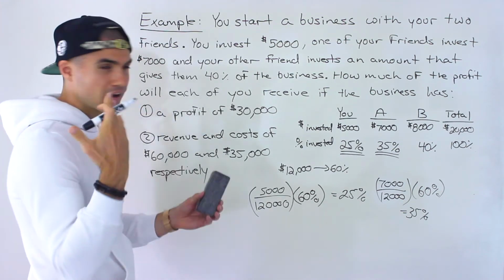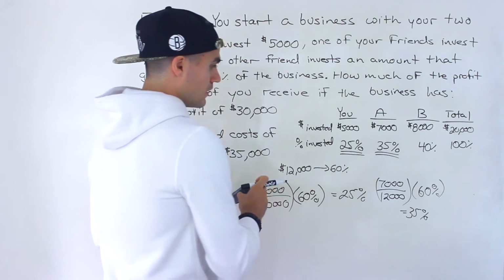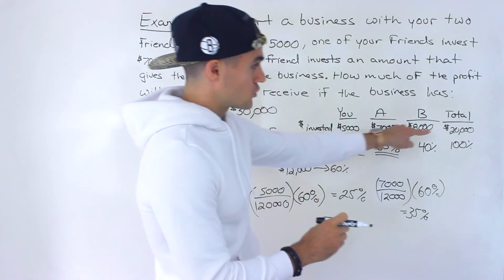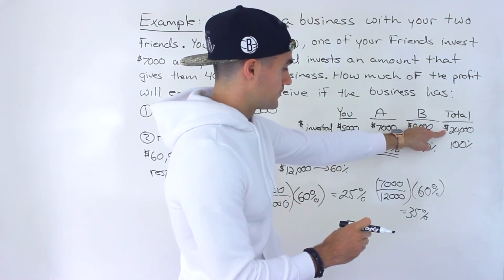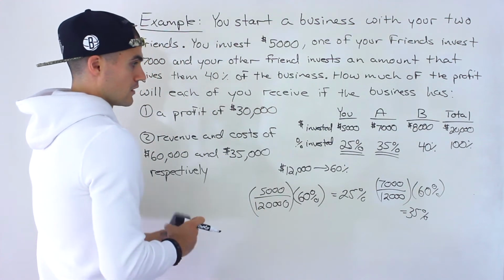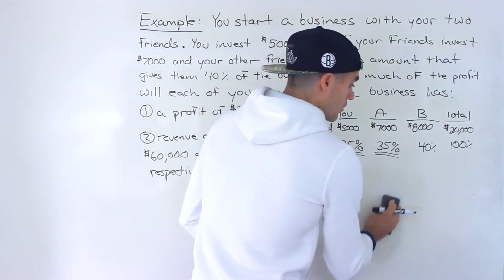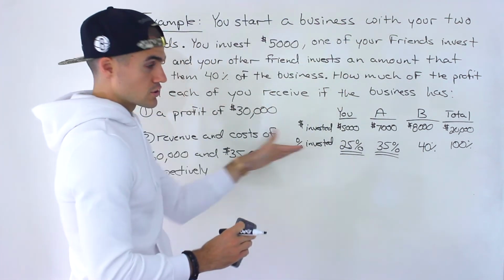But again, it's just not as intuitive a way. I'd rather show how to get the total value of the investment and then get those percentages after. So whichever way you do it, these are the percentage breakdowns here.